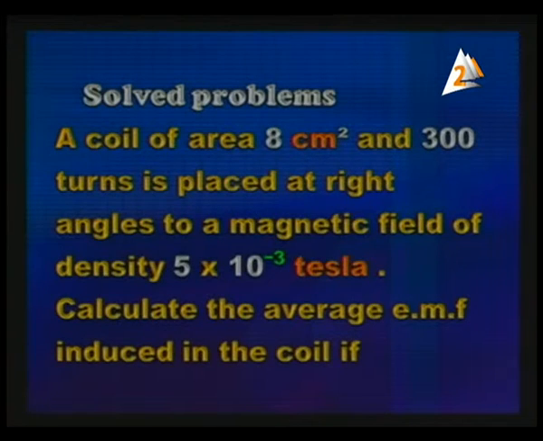And now let's try to solve some problems. First problem: a coil of area 8 centimeter squared, and 300 turns, is placed at right angles to a magnetic field of density 5 times 10 power negative 3 Tesla.